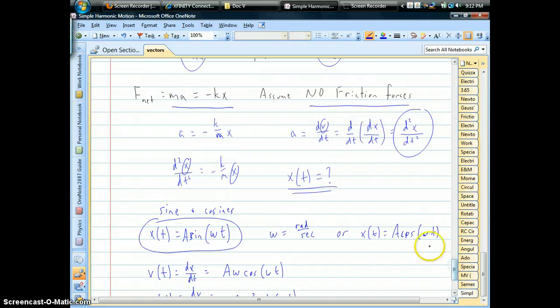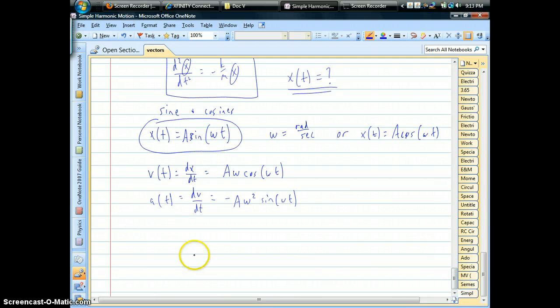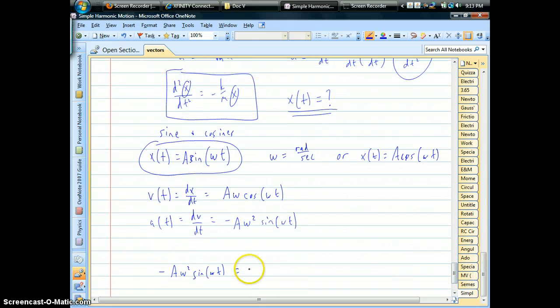So now if we go back to the original equation, up here in the box, on the left hand side we have acceleration. Well, that's negative A omega squared sine of omega t. On the right hand side we have some constants, negative k over m times x. Well, x is A sine omega t.